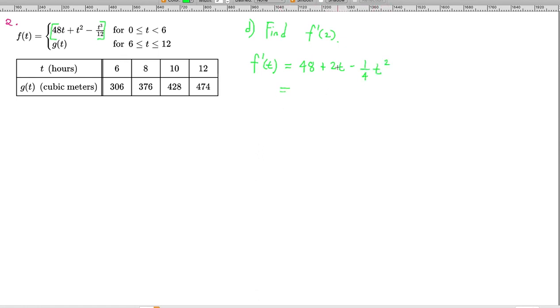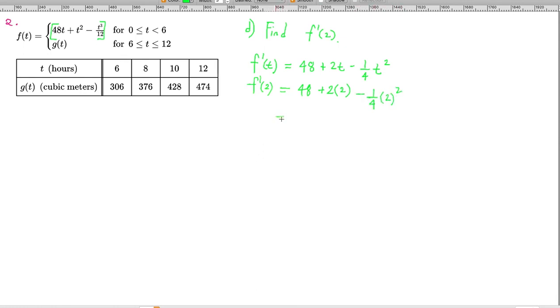I'm prone to making mistakes, so let's just check over. 3 over 12 is 1/4, and then it's t squared because the exponent decreases by 1. 48 plus 2 times 2, because now I'm finding f prime of 2, minus 1/4 times 2 squared.